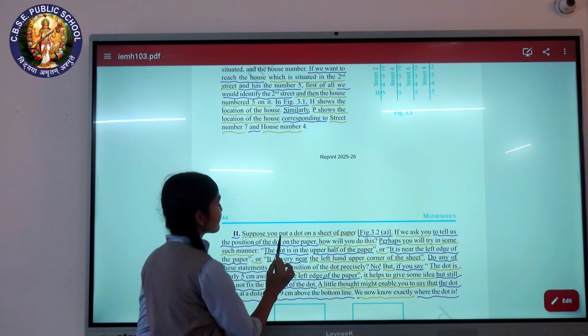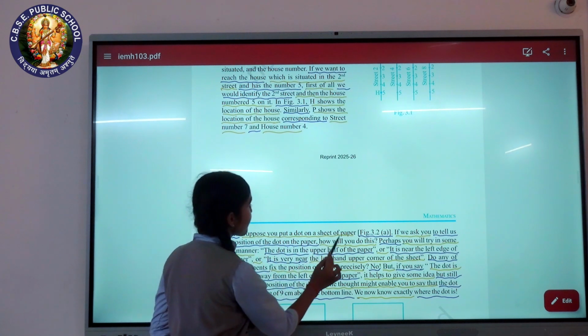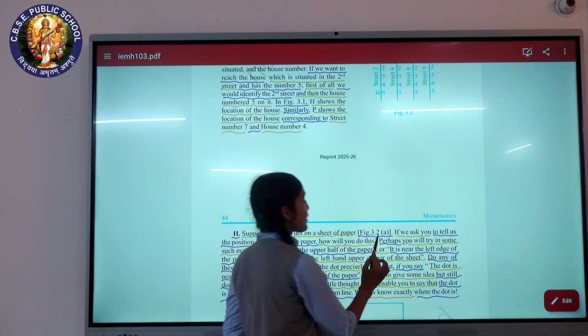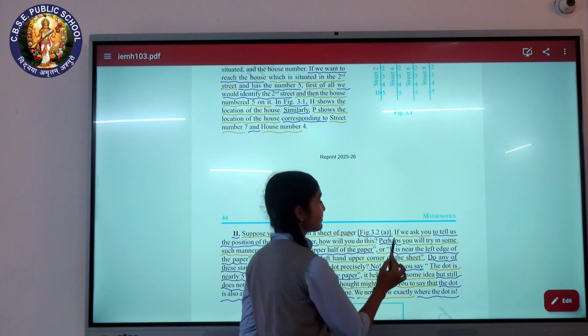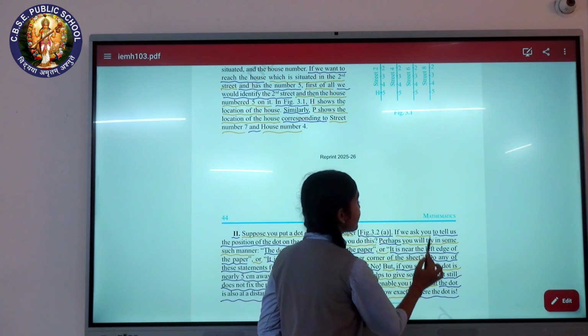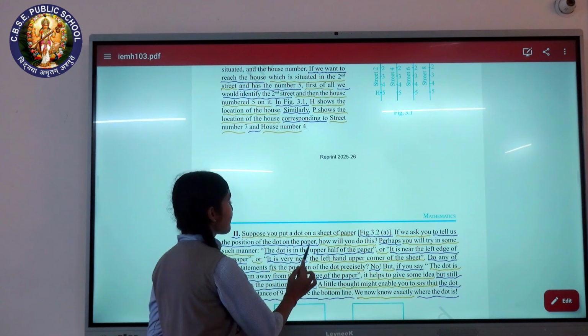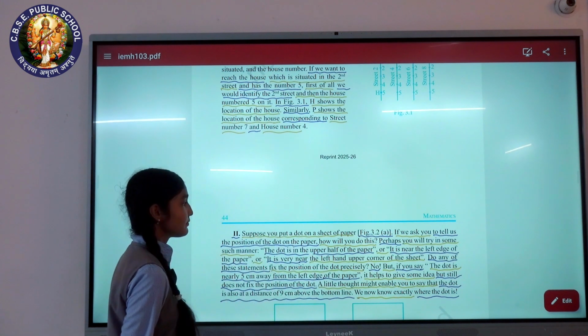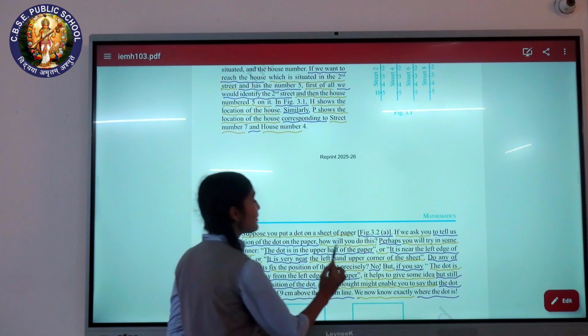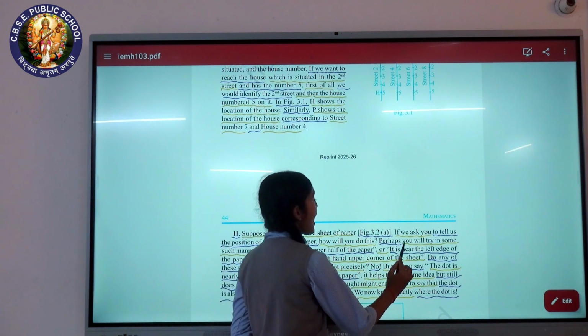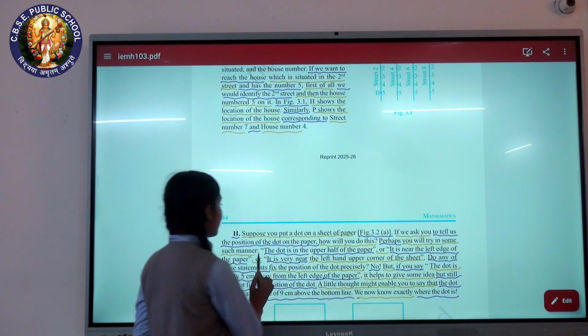suppose you put a dot on a sheet of paper. Figure 3.2a. If we ask you to tell us the position of the dot on the paper, how will you do this? Perhaps you will try in some such manner.